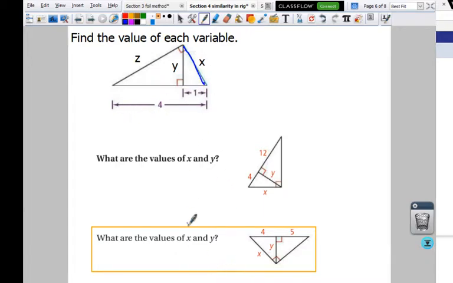The little piece is 1. So the geometric mean of 4 and 1. Because I know it's going to equal this x, I'm going to use the x there. So 4 over x is going to equal x over 1. So 4 equals x squared, and x is going to equal, I don't know, off the top of my head.